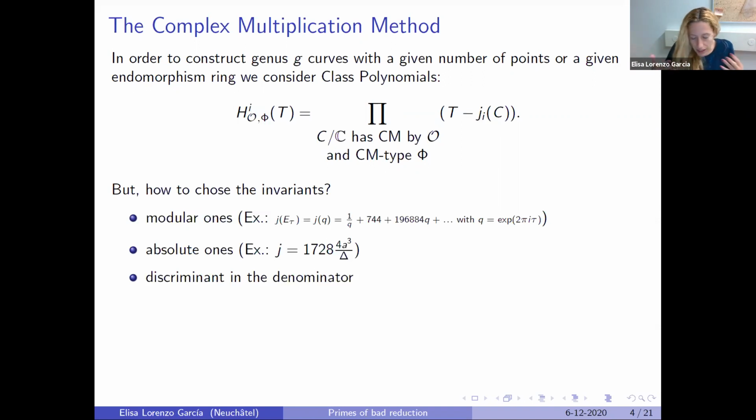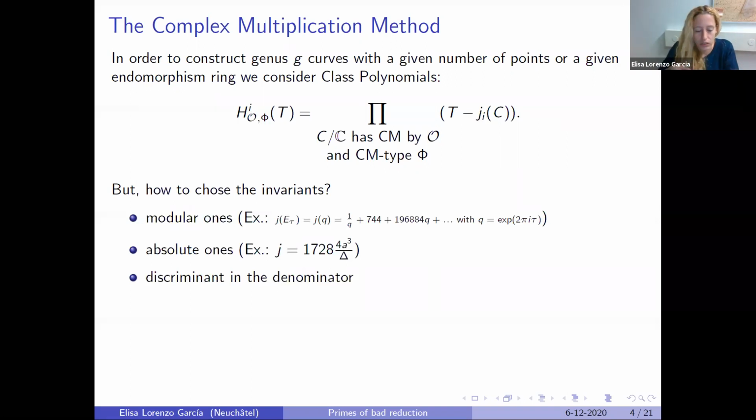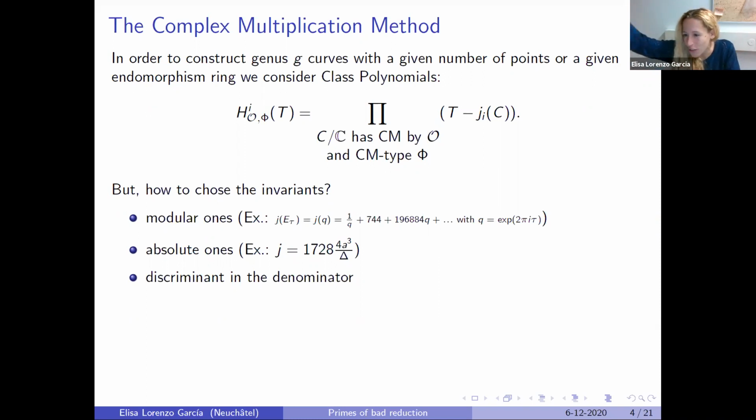In general, an invariant for a curve is, you take the curve, you look at the coefficients of your curve, and an invariant is going to be a polynomial in the coefficients. Of course that is invariant if you consider another isomorphic curve. But what is the meaning of being modular?